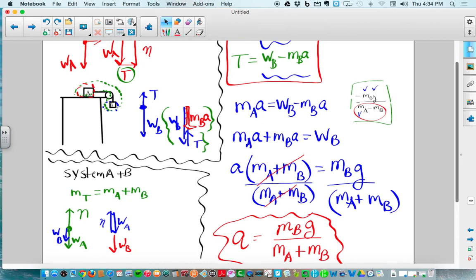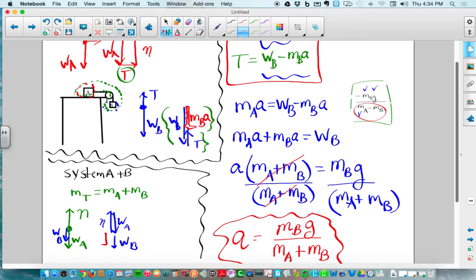And if I draw a new vector, I should have made that blue. My bad. I'll fix that because I'm adding 3 vectors here, right? So this is the weight of object B right there, because that's also acting on our system. And tension is internal to our system, so we're not really worried about that.